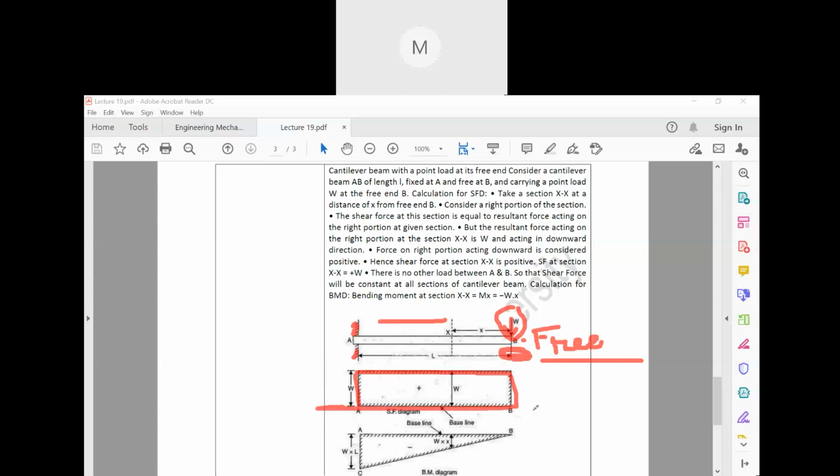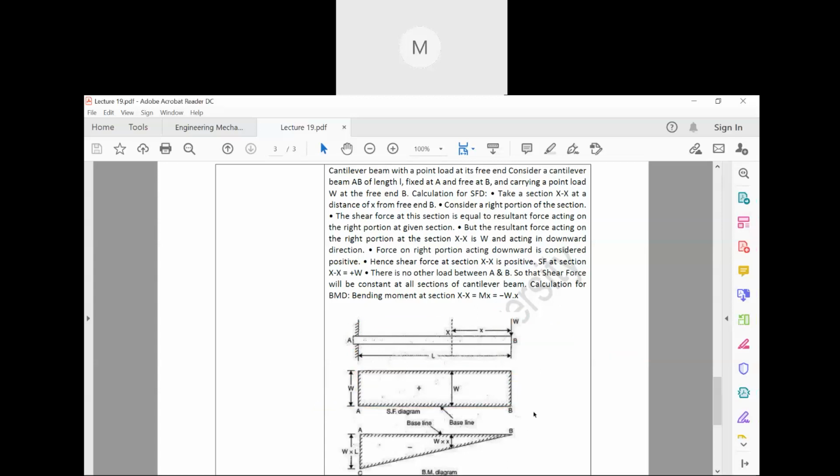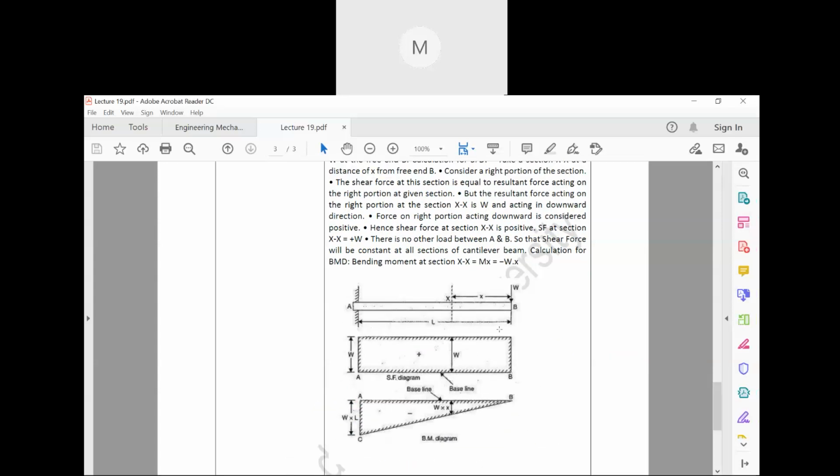Now for finding out the bending moment, how is it found out? Look, force into perpendicular distance is what? Moment, right? Now if you see this force W, it is acting at a distance of L from this point. We are considering a section here, this X section.